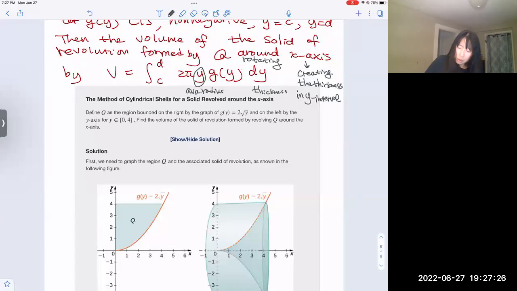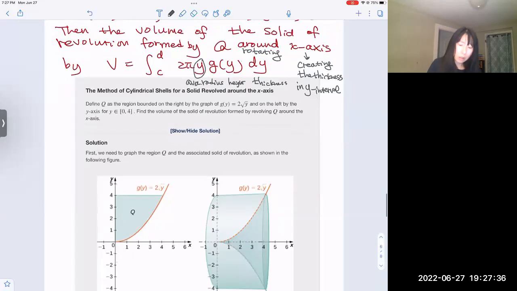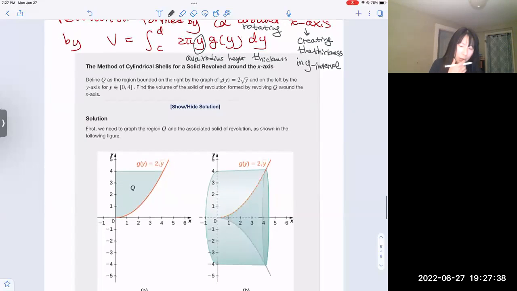Okay, so this is the height as well, but in the y interval. All right, so let us do this one. Can you please read it?